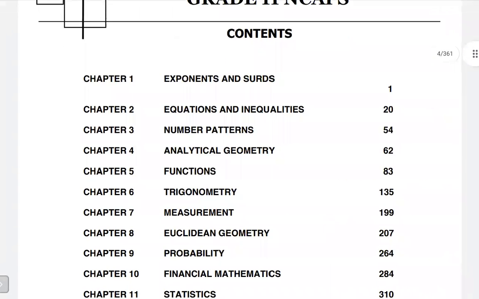So trigonometry, that's page 135. Just scroll down here. Let's see, yeah. Thing is taking its sweet time. Let's see, 135.